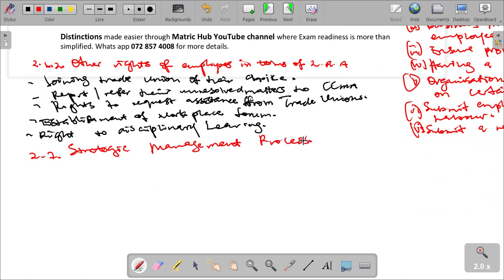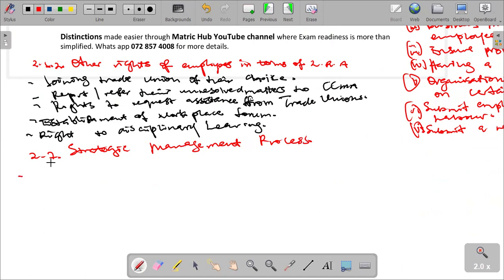The question is saying advise businesses on the strategic management process. So we are saying a business should have a clear vision. When we talk about strategic, we mean the business being readily alert in terms of its business functions and operations.